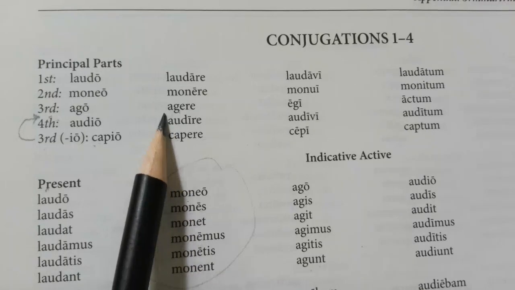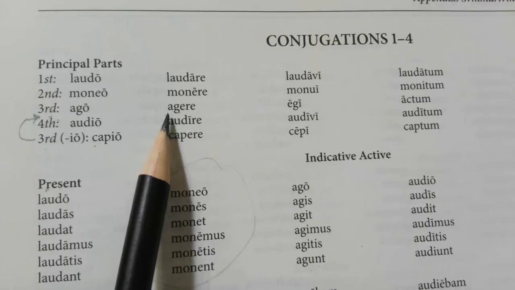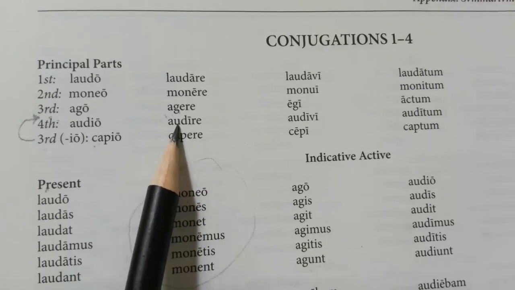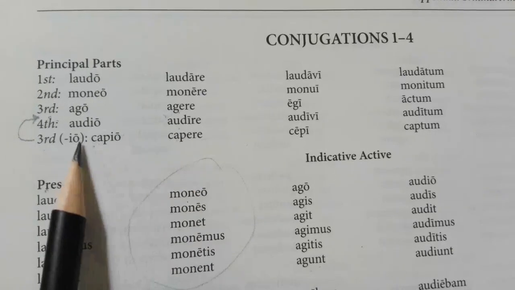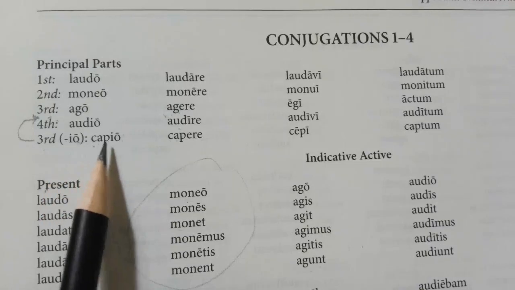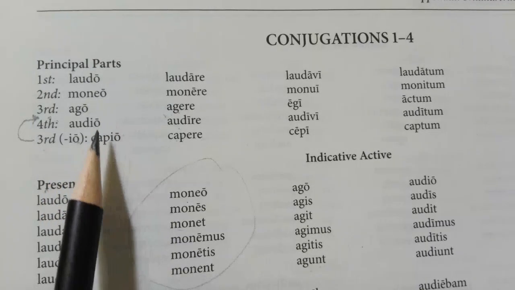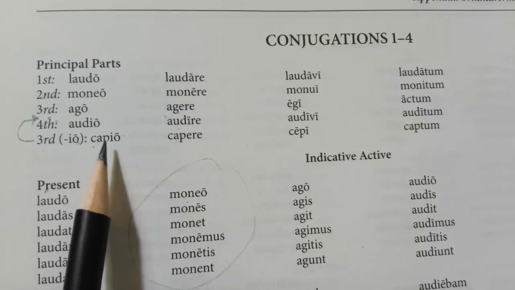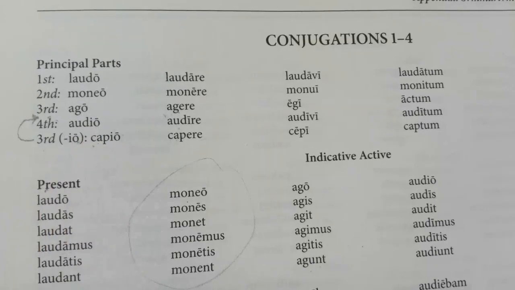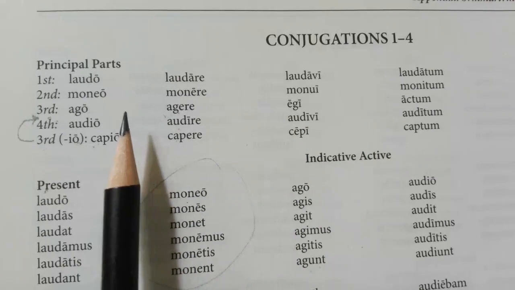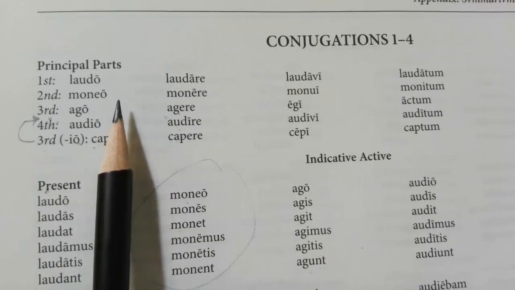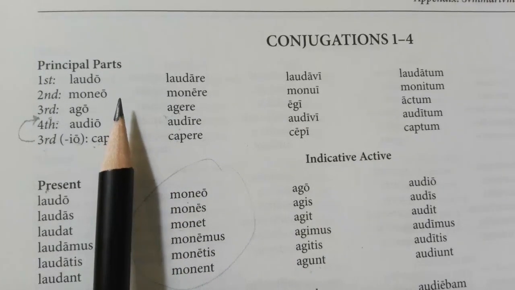So he should be up there after agere before you get to audire, right? Again, the third conjugation io, he cannot make up his mind where he wants to be. So he's going to be between those. But that's the full context. These are all the conjugations in Latin that you're going to see.